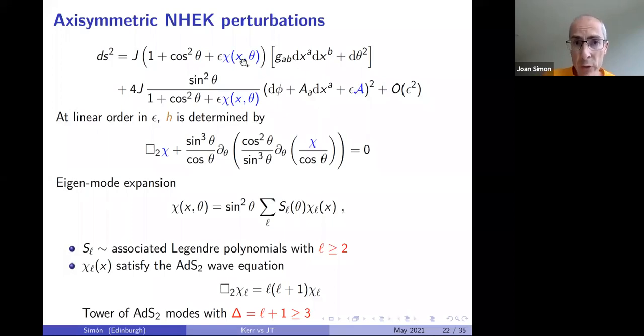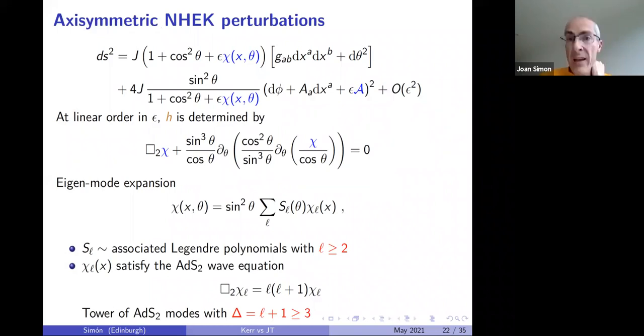Now, the perturbations are a specific set of perturbations that don't break this U(1) invariance. So I will refer to them as axisymmetric. They are not the most general ones in that sense.